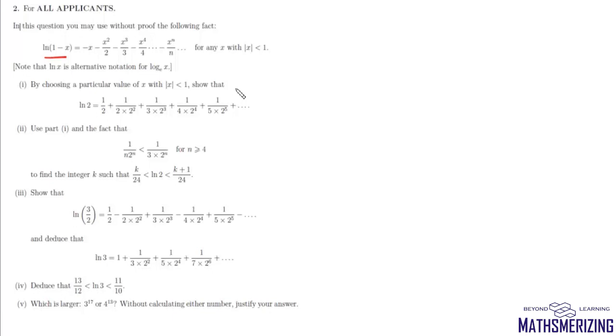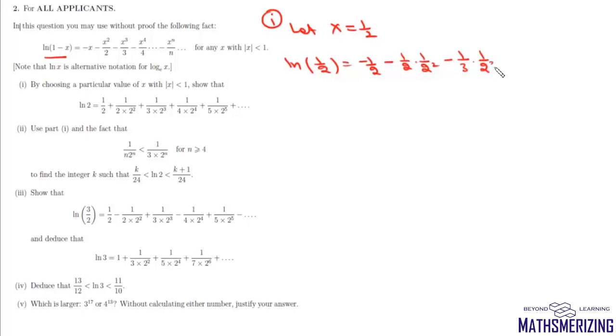Now in this, what we'll simply do is, we'll let x as 1 by 2. So for this first one, we'll substitute x with 1 by 2. So it will be ln(1 minus 1 by 2), which is ln 1 by 2. And here we'll get minus 1 by 2 minus 1 by 2 into (1 by 2) square minus 1 by 3 into (1 by 2) cube, and so on.